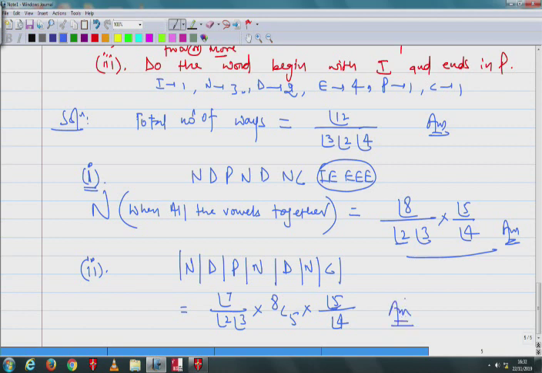That's your answer. Is that clear? This will be the final answer if no 2 bubbles or any number of bubbles can be together. Say yes or no.